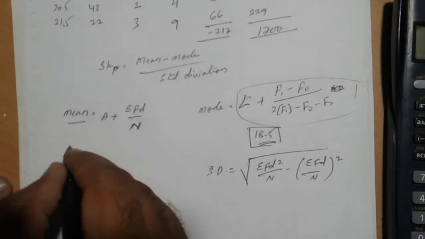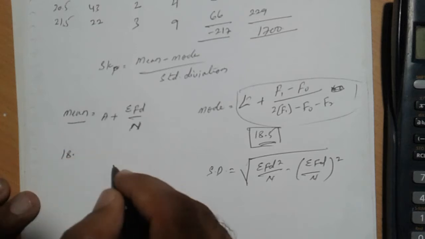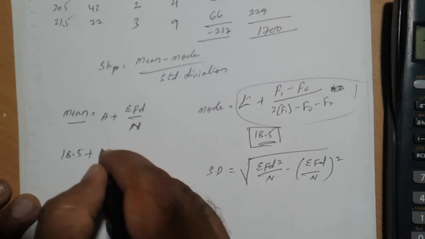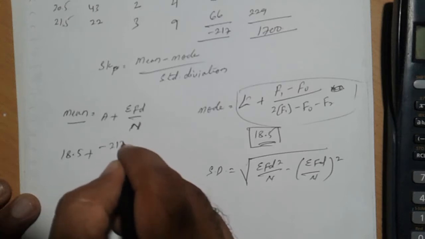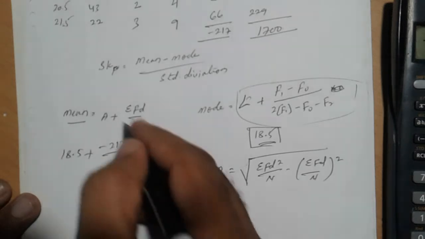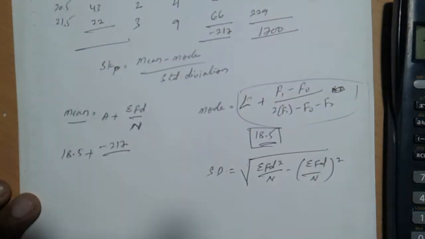So here 18.5 plus FD, which is minus 217, divided by n, meaning the number of frequencies.